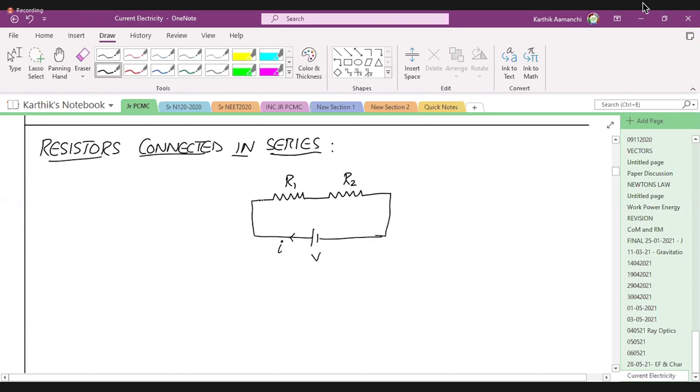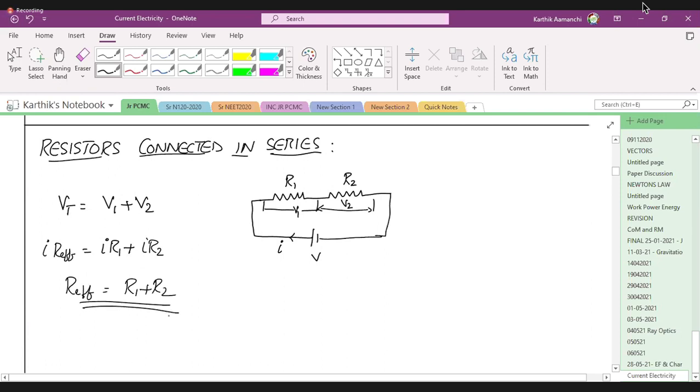You can either go for your loop law or the method which I want you to do: consider the potential here as V1, and the potential here as V2. There is a reason why I'm telling you to do it. So can I say potential is V1 plus V2? Yes, sir. V1 is nothing but IR1 plus V2 is nothing but IR2, which is I into R effective. So from this, R effective is equal to R1 plus R2.